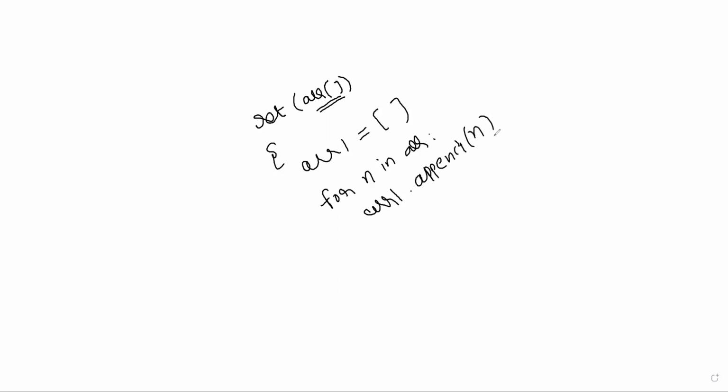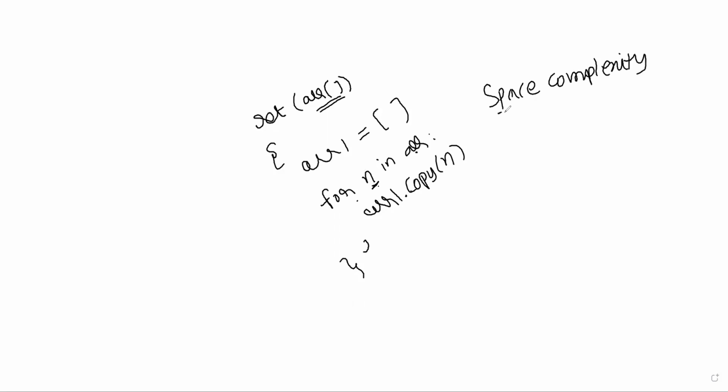Please forgive me, I'm just writing all the syntax. Array1 dot copy, just copying this n. n is nothing but an element in the array. And that's it, it just does this. Tell me what is the space complexity of this algorithm?